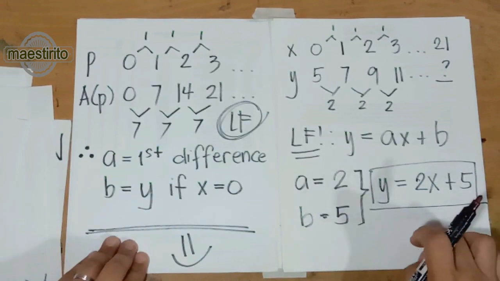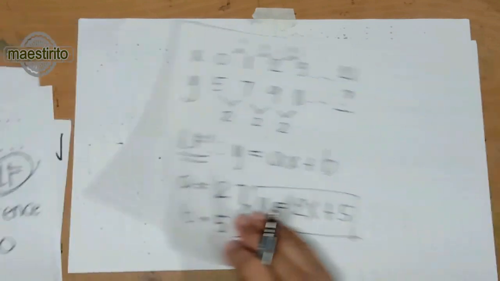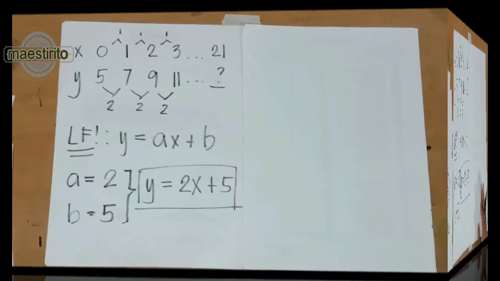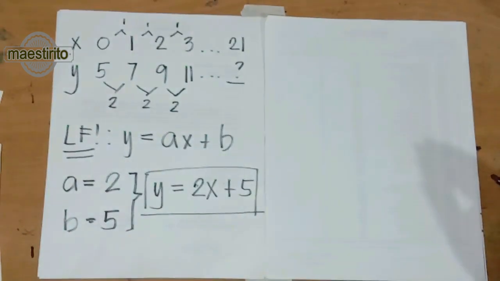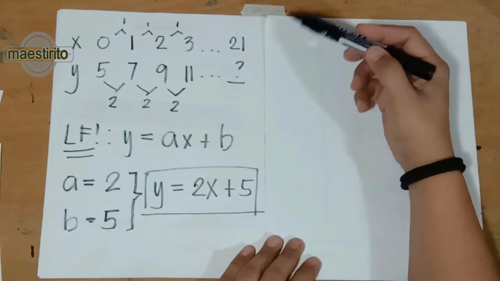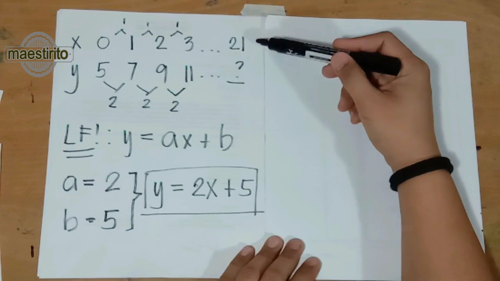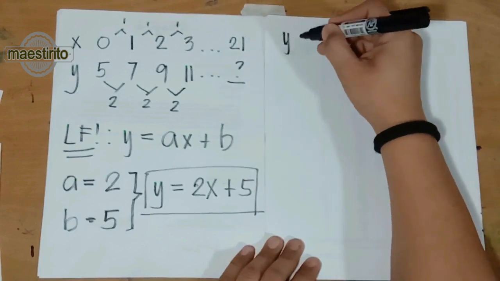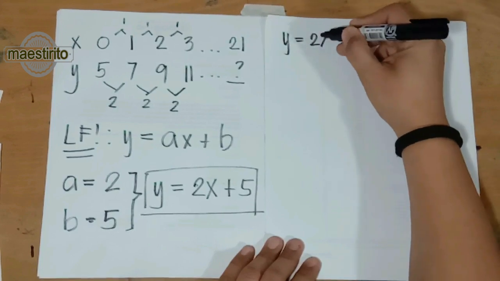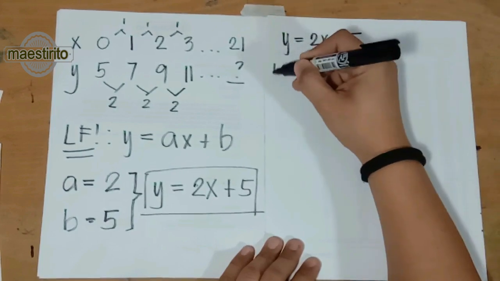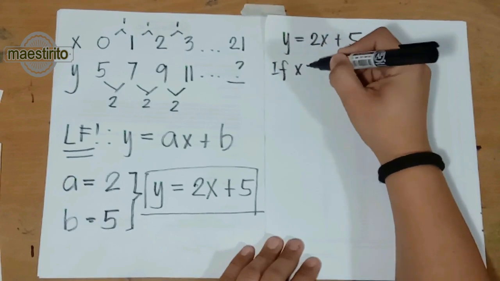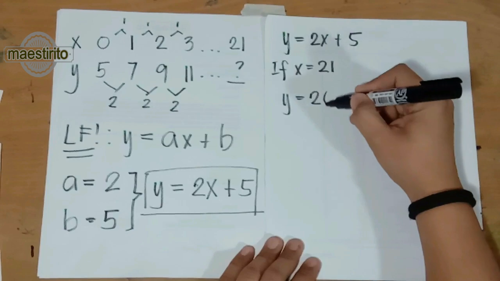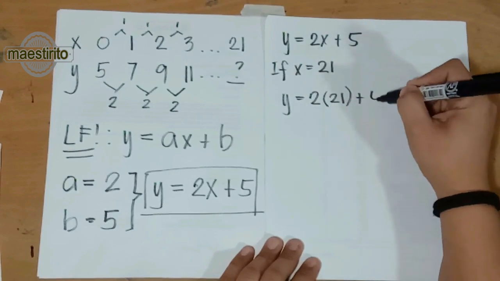Anyway, our problem for this one is to solve for the value of y if your x is 21. Since we already found the model, or the pattern, then let me rewrite that. y is equal to 2x plus 5. Now if your x is 21, that will give us y is equal to 2 times 21 plus 5.